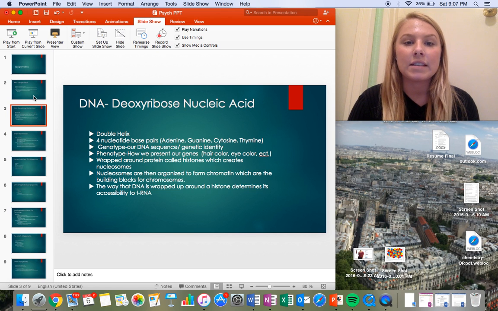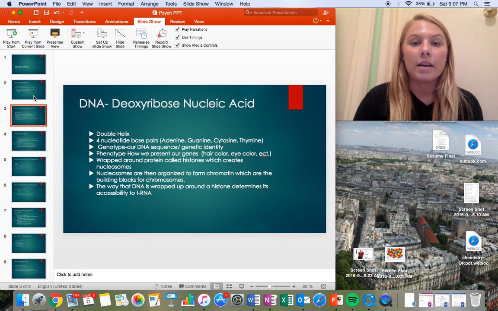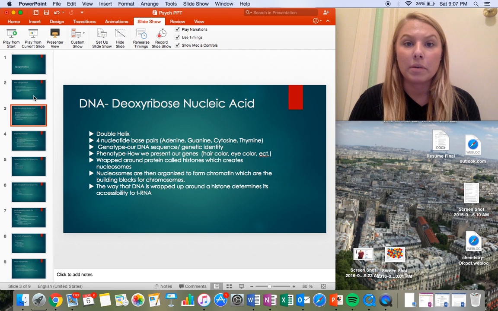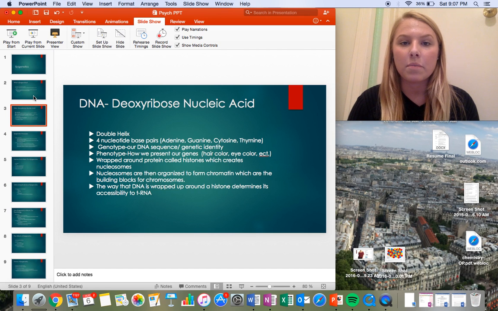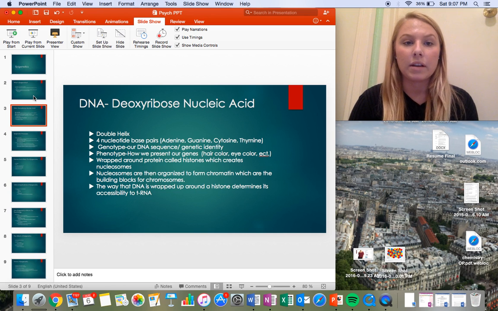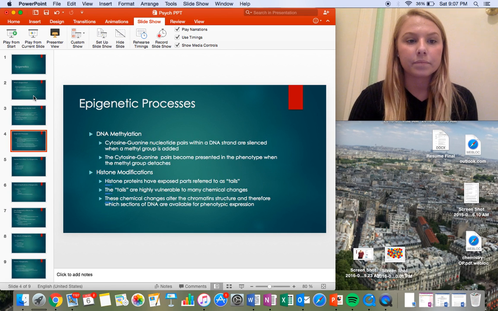The way that DNA is wrapped around a histone essentially determines its accessibility to the tRNA, and the more accessible it is, the higher probability that it will be expressed in our phenotype, but the less accessible it is, it'll have a lower probability of being expressed in our phenotype.